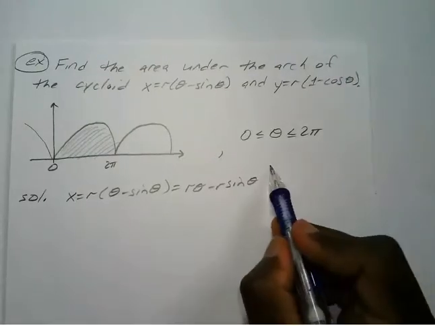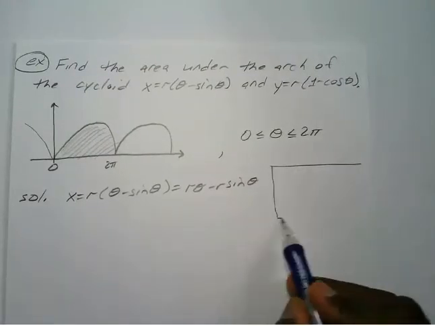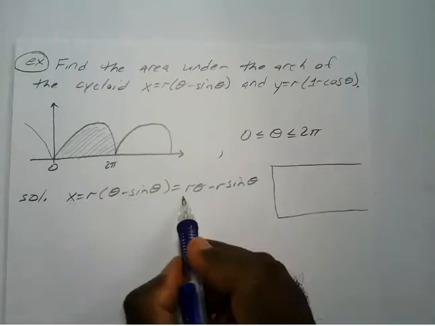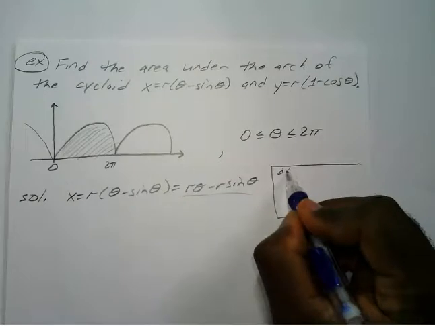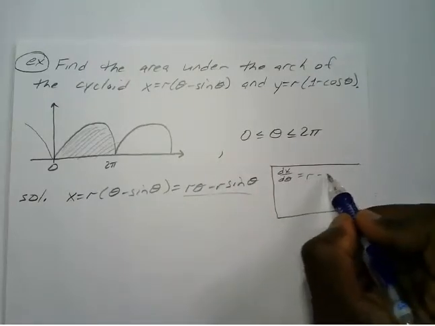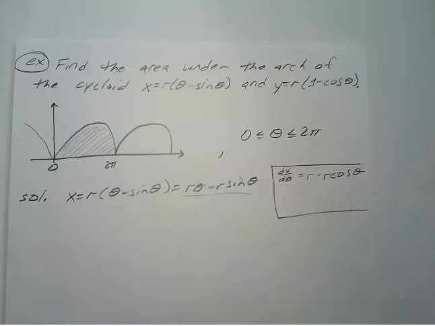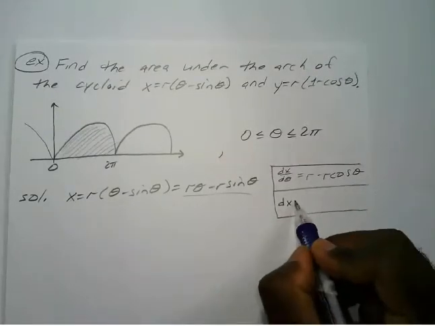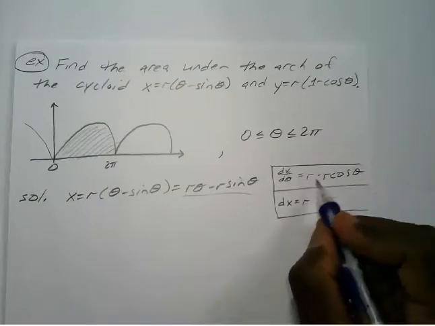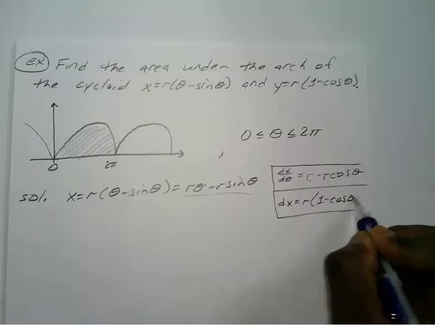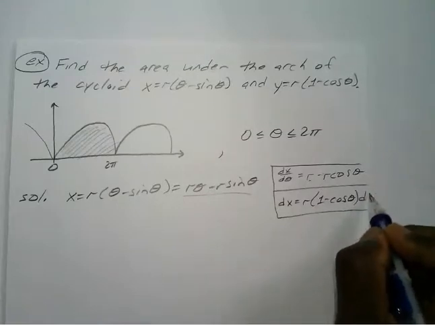The reason we would do that is because the derivative of x with respect to theta, d x d theta, is equal to r minus r cosine theta. So that means our dx would equal r, if we factor that back out, 1 minus cosine theta d theta.